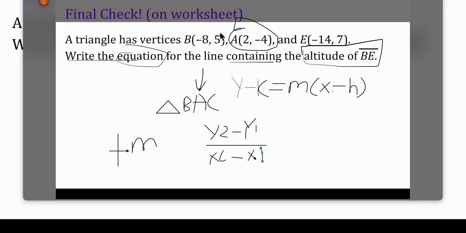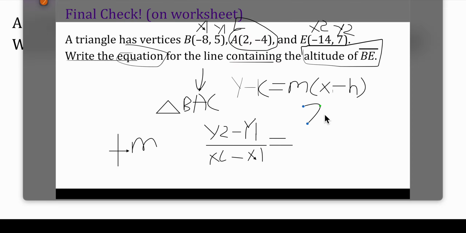Now we substitute these points: y1, x1, x2, y2. And now we do this. Now we substitute the points.